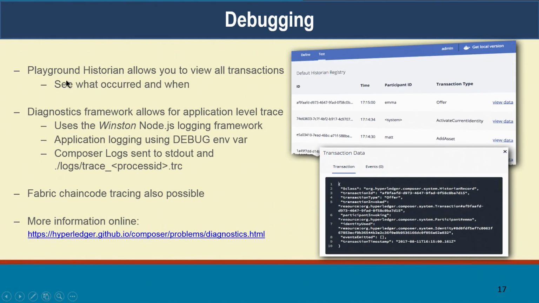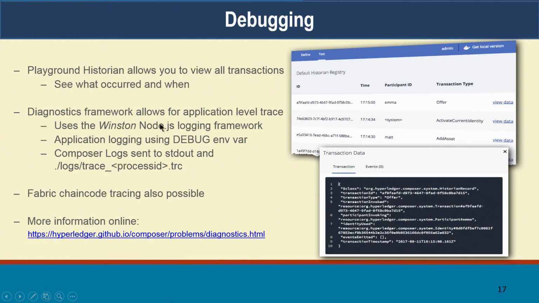Finally, Composer has debugging support as well, right? There's something called Playground Historian in Composer that allows you to view all the transactions you've performed. You can see what happened, when, and what a particular transaction was. It'll give you a full listing of everything you've done, and that can be very helpful for you to debug your code. It also gives you a diagnostics framework for application level traces.